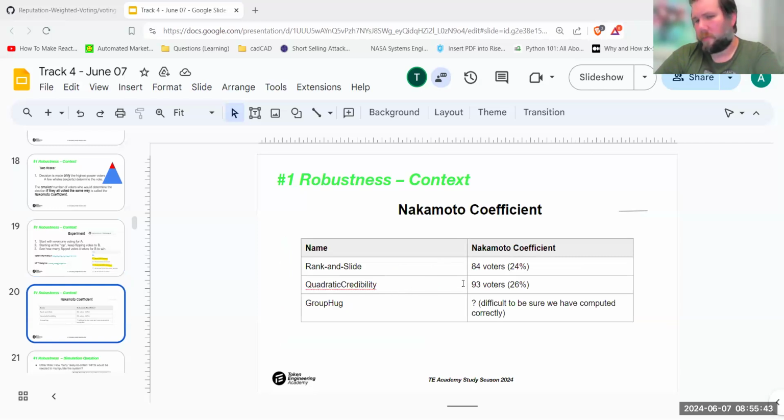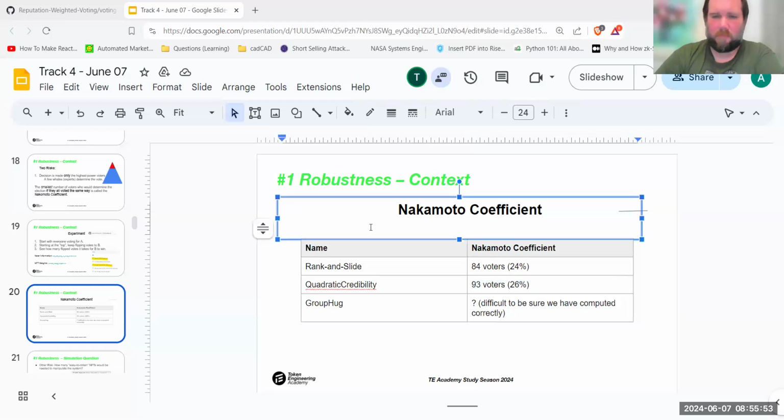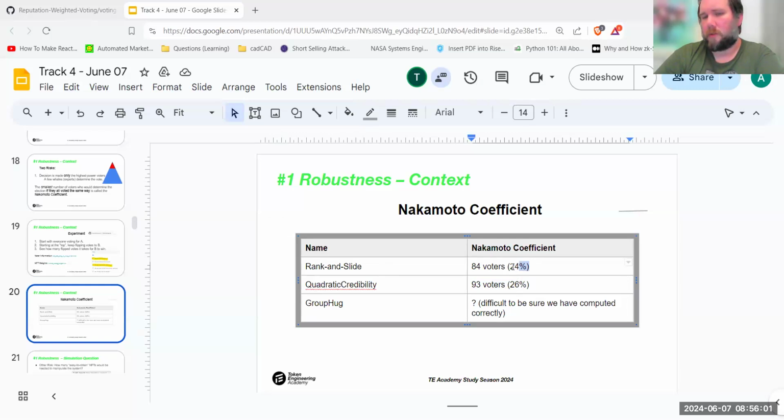For quadratic credibility, it's 93. So this says that if the top 93 voters in quadratic credibility all voted the same way, that would be basically the same. This is for a two-candidate election, so 50% would be what it would be for one person, one vote. I would say these are good numbers.